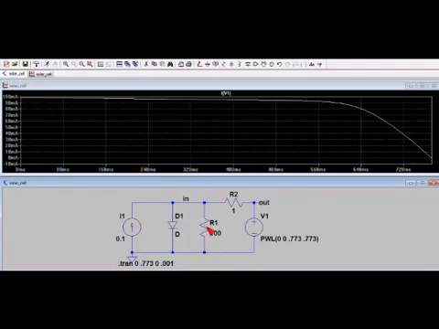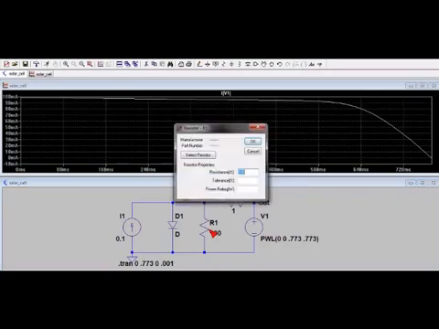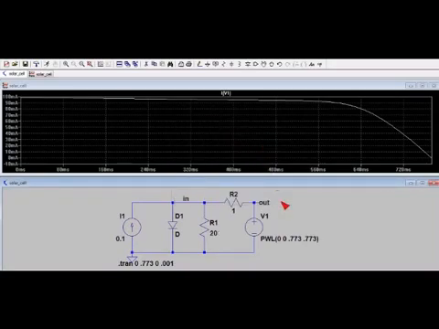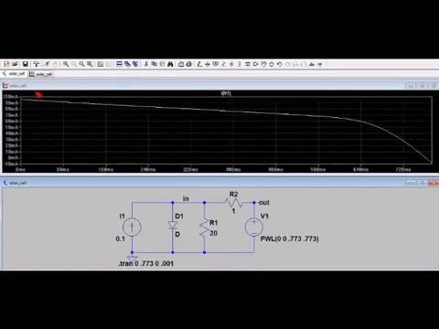So let's see what happens if we change resistor R1. It's set at 100. Let's change it to 20 ohms and see the effect that has on our solar cell performance. So let's resimulate. We see that the slope here has changed. So the current falls off dramatically here. And again, we see that the area under this curve has been diminished.